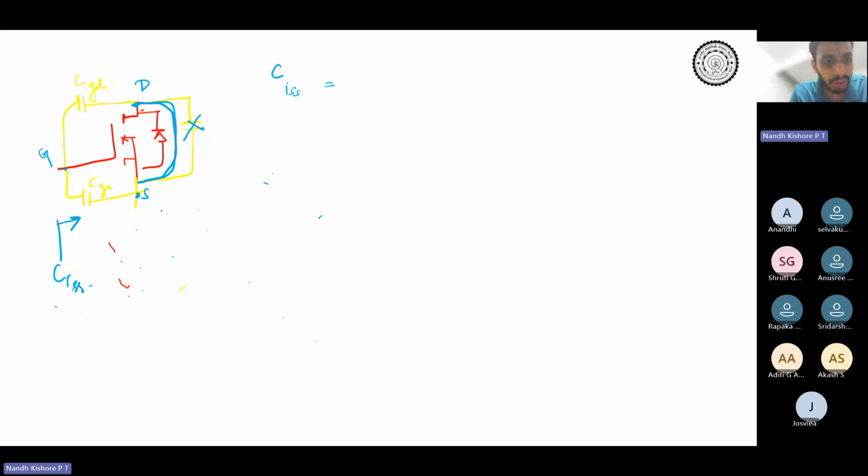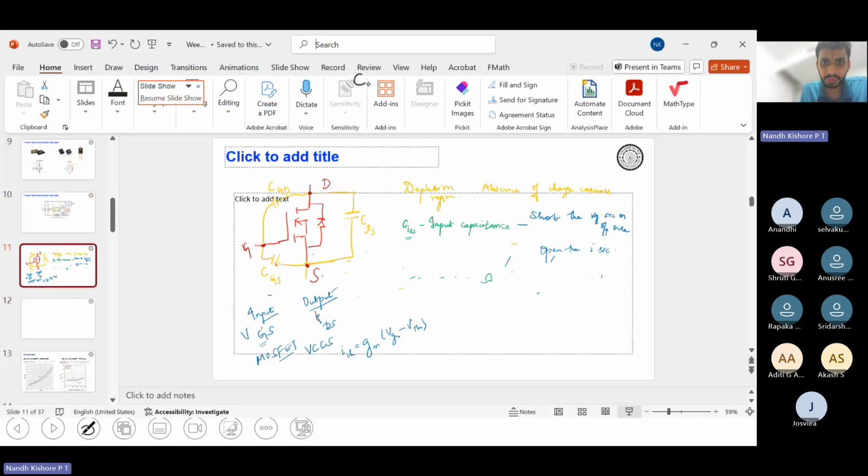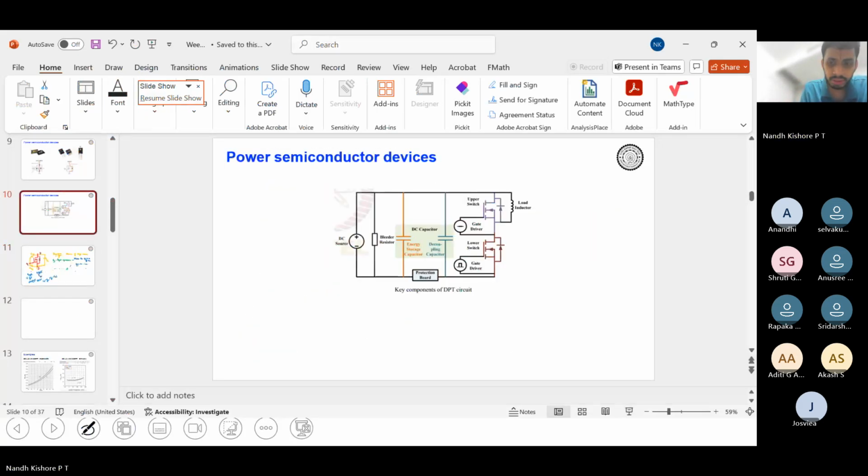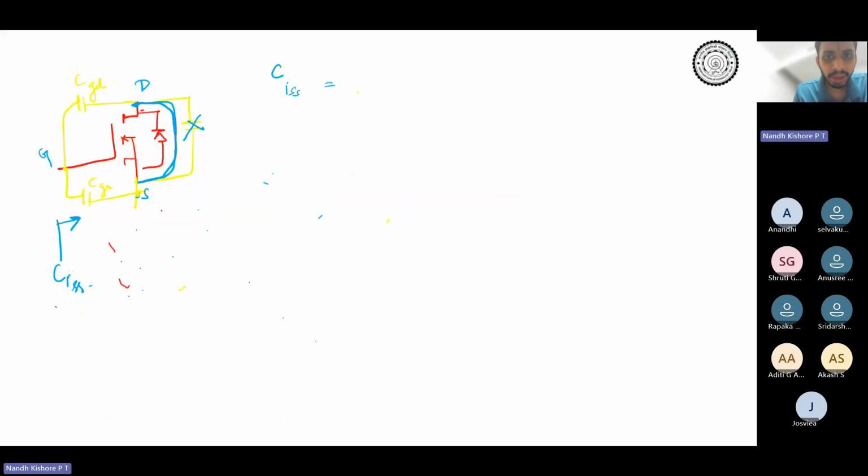Thinking from gate to source, since drain to source is shorted, CISS is basically CGS plus CGD, correct? Are you able to understand how CISS is equal to CGS plus CGD? Just short the output side.